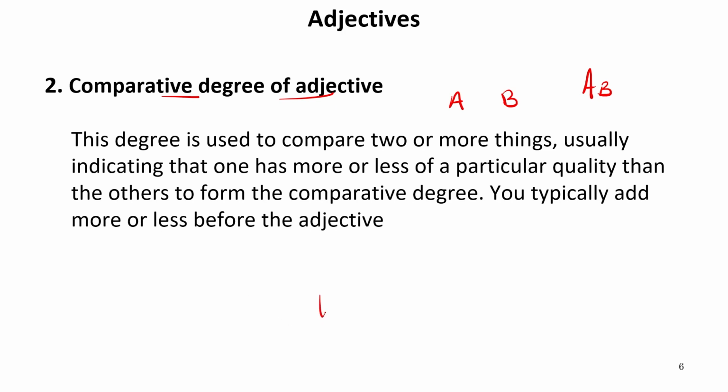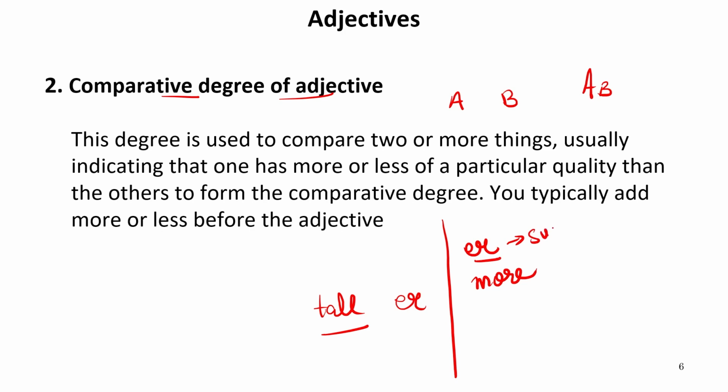So we can see that tall is positive degree of adjective, and if I add er to it, it becomes comparative degree of adjective. To convert a positive degree of adjective into a comparative degree of adjective, we use a suffix er and more. So we are using er as suffix and more as prefix to convert a word into comparative degree.